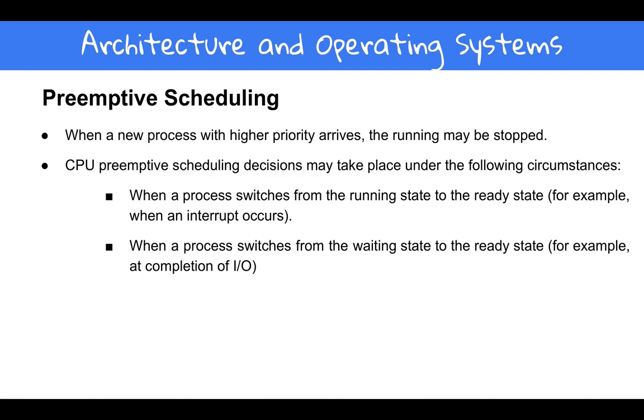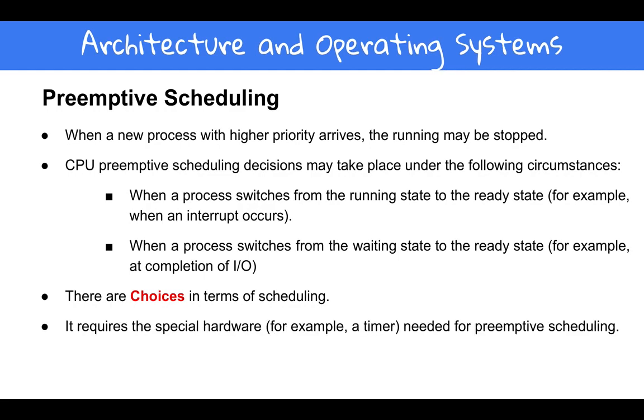So maybe we've got to stop some of the processes again and execute that one. So in that case, we use preemptive scheduling. As you see, we have choices. The whole idea is to give higher priority processes CPU time. So we have choices for that.